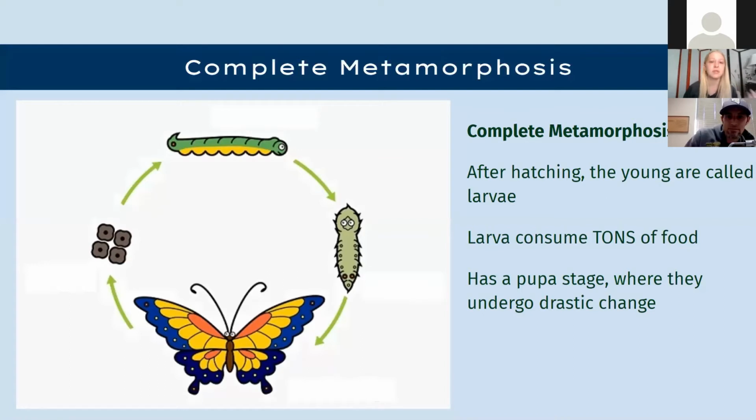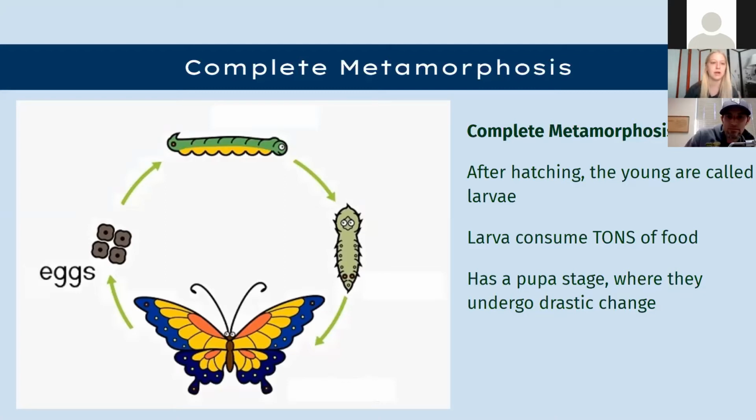Complete metamorphosis is where an animal looks almost completely different from when it was first hatched. After hatching, an insect that goes through complete metamorphosis is called a larva.